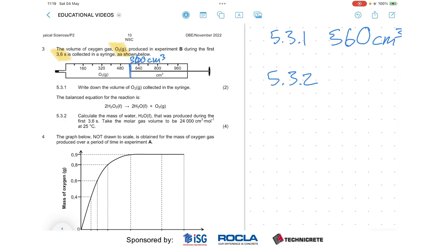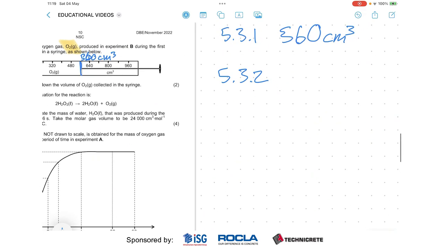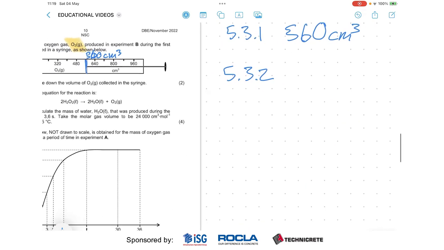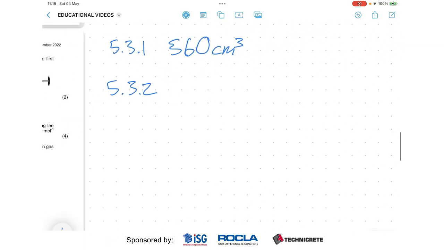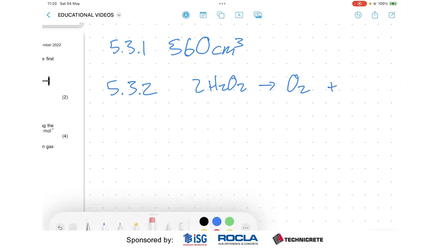All right, so they've only given us oxygen, yeah? So we have 2H2O2 going to O2 plus H2O. Let me write this in red because this is what we're after.